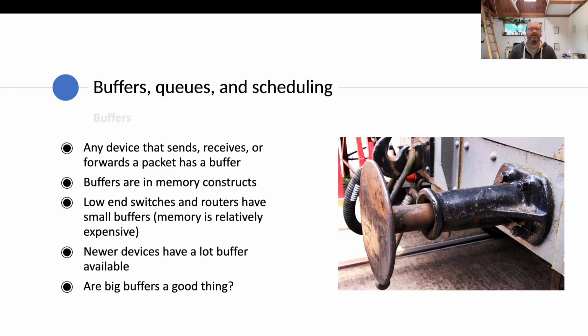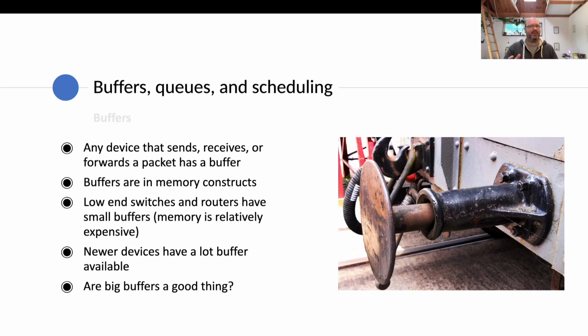Any device that sends, receives, or forwards data using TCP has a buffer. Buffers are in-memory constructs, and what we see is that low-end switches and routers have really, really small buffers, which means they can't handle bursts very well, because memory is relatively expensive and cheaper devices typically don't have much. Newer devices have a lot of buffer space available, and that's really important in really fast networks where you might be experiencing microbursts.